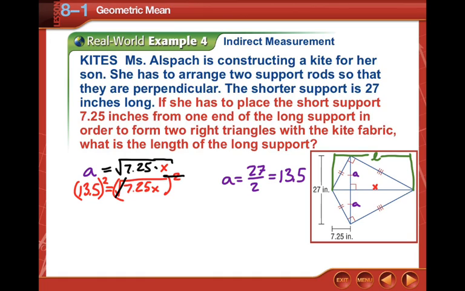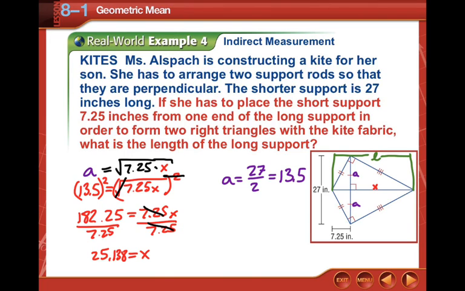We're left with 13.5 squared, which is 182.25, equal to 7.25x. When we divide by 7.25, it cancels on the right, and we're left with x equal to 25.138 when you round.